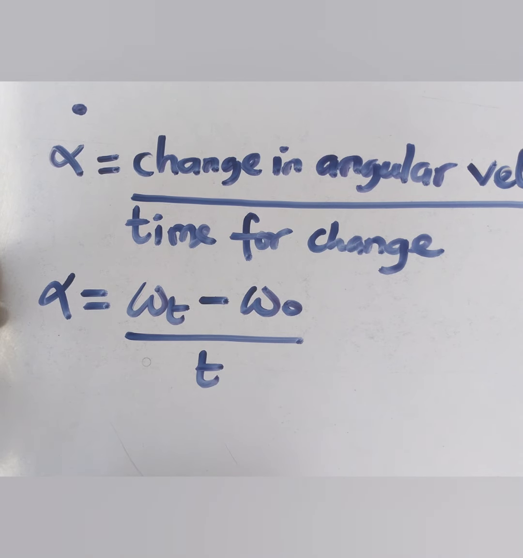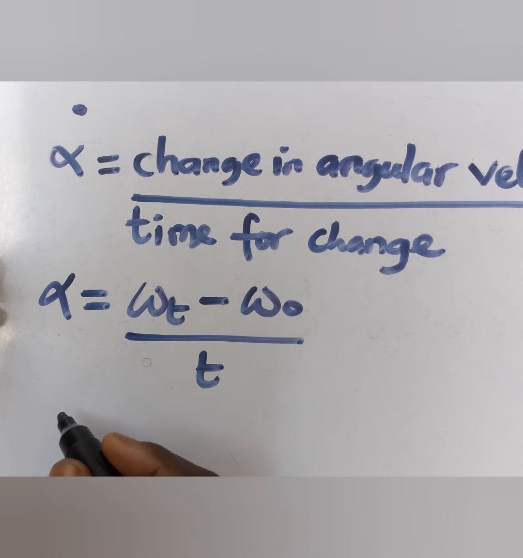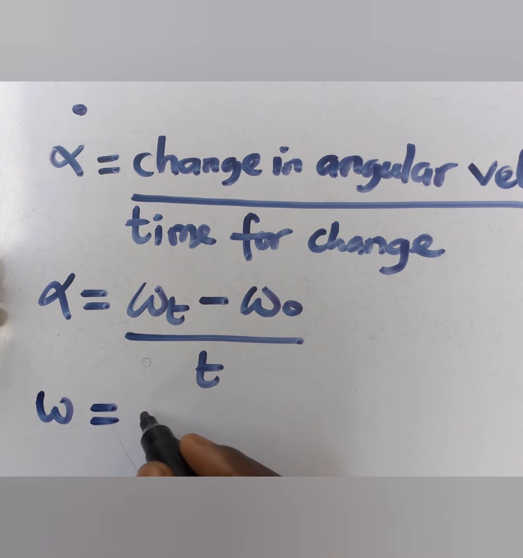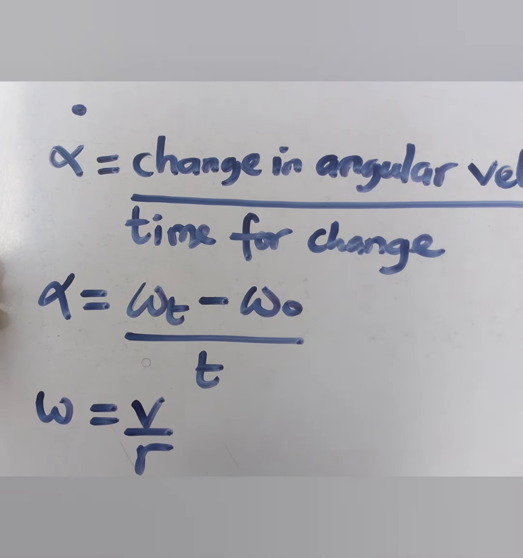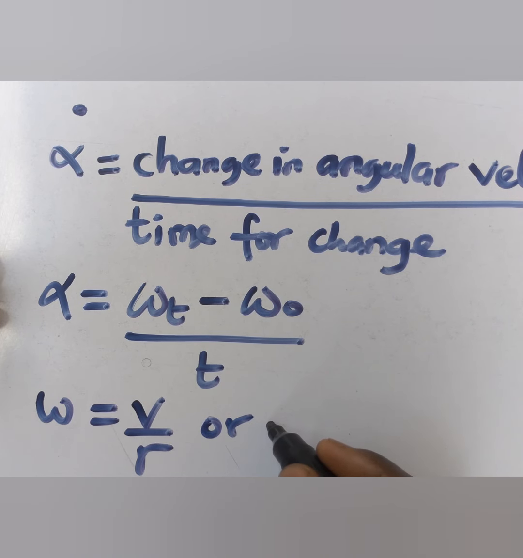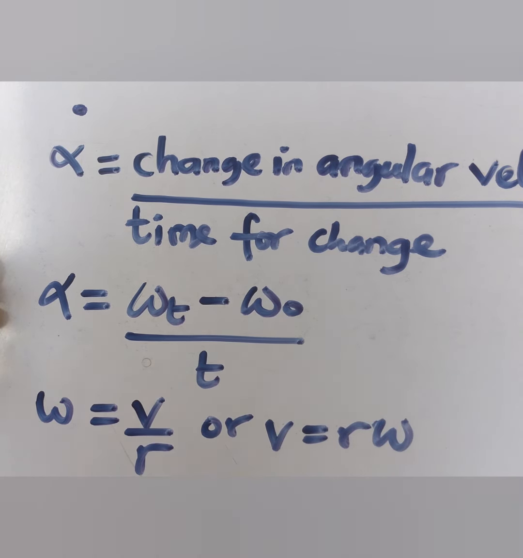But take note that my angular velocity omega is equal to linear velocity divided by the radius of the circular path, which is the same as v equals r omega, just as we have written before.